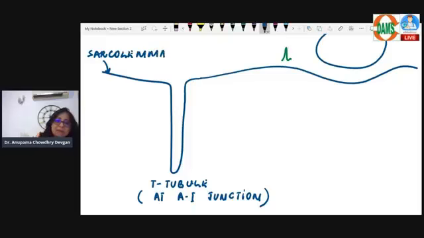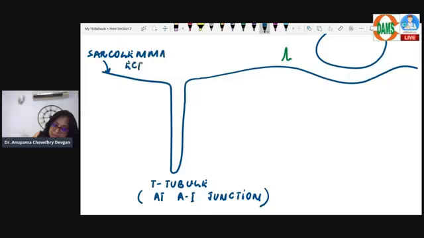This is the sarcolemma. Muscle fiber is equal to muscle cell. The membrane of the muscle fiber is known as the sarcolemma. The sarcolemma dips into the muscle fiber to form the T-tubule, located at the AI junction.